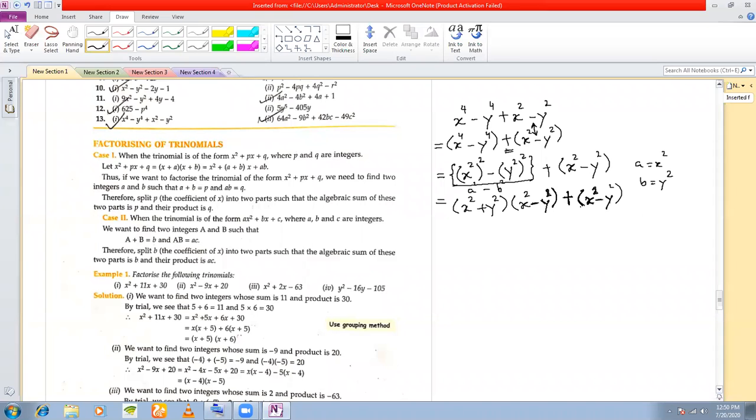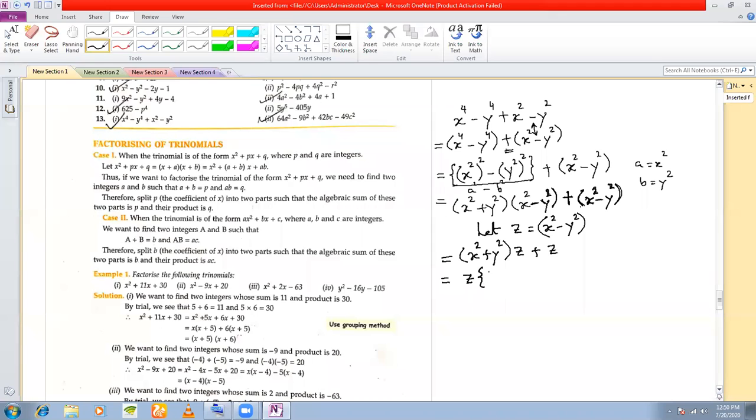Yes, sir. Okay. So I say let z is equal to x square minus y square. So therefore this expression becomes x square plus y square into z plus z, right? So now I can take z out of these two.